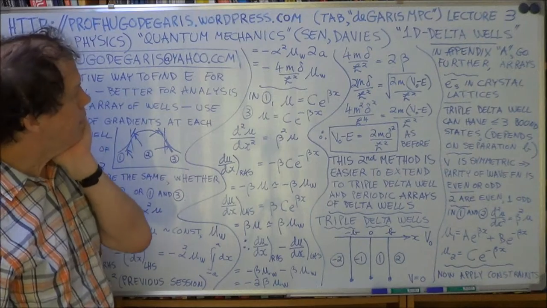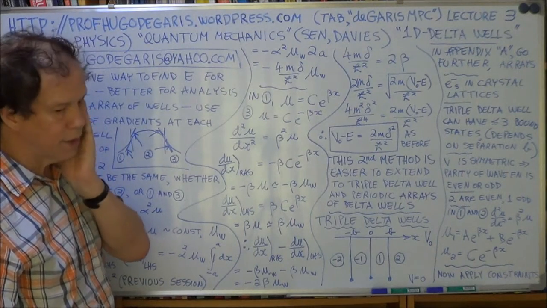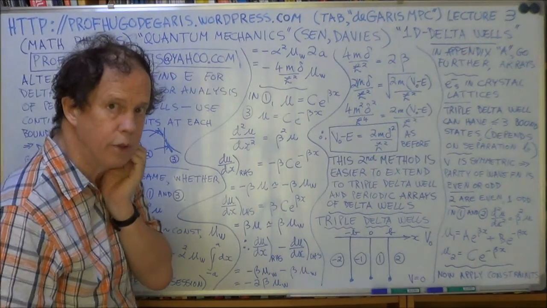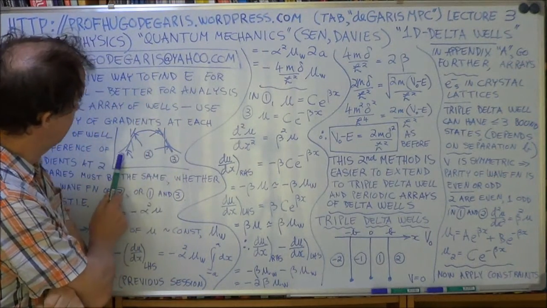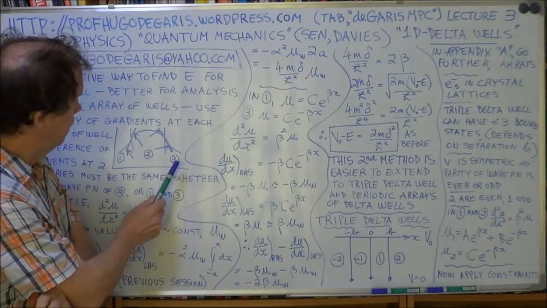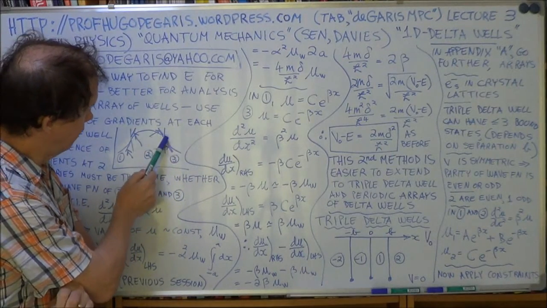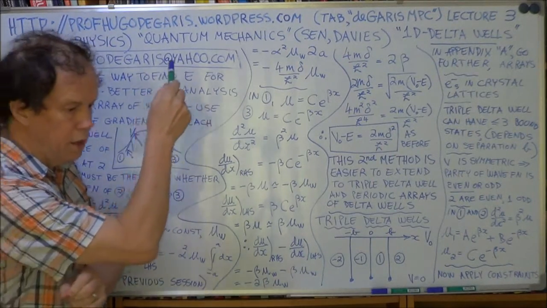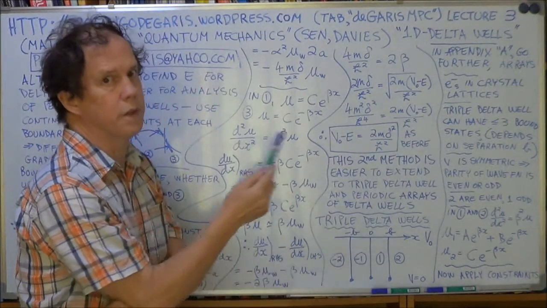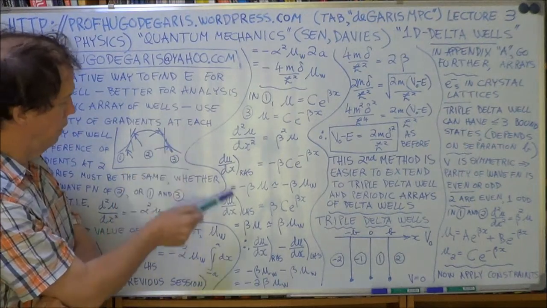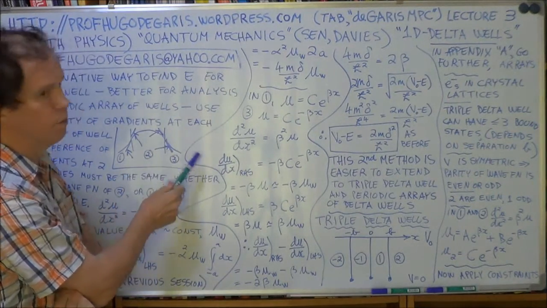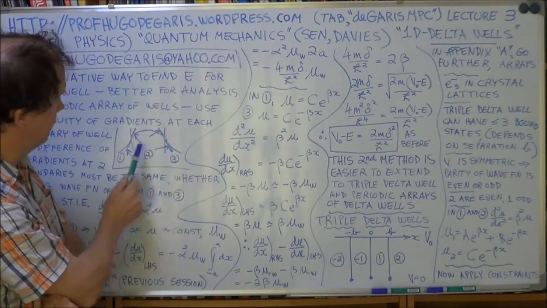Okay, now let's calculate the difference in the two gradients by using the wave functions in regions 1 and 3. The wave functions in these two regions decrease exponentially fast with distance. They drop off exponentially, very fast.